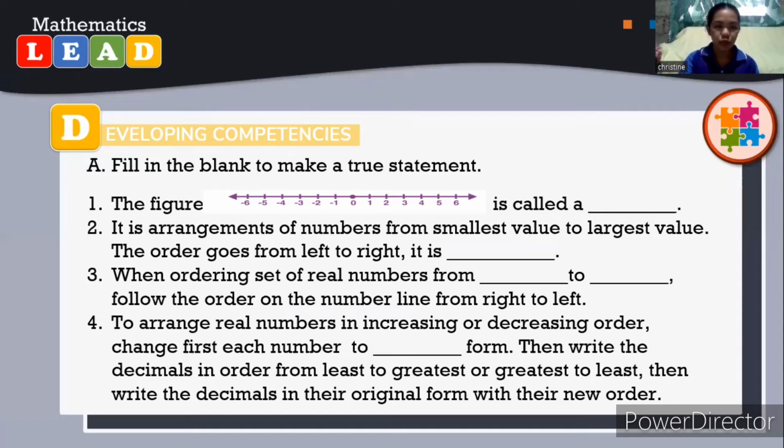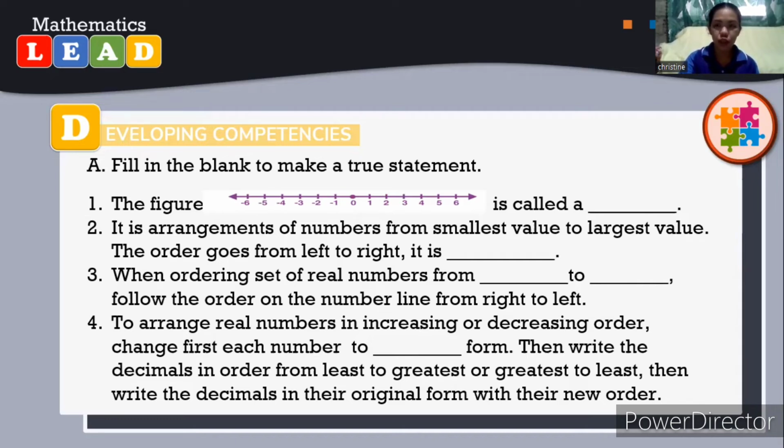Number 3, when ordering a set of real numbers from blank to blank, follow the order on a number line from right to left. And lastly, number 4, to arrange real numbers in increasing or decreasing order, first change each number to blank form. Then write the decimals in order from least to greatest or greatest to least. Then write the numbers in the original form with their new order.